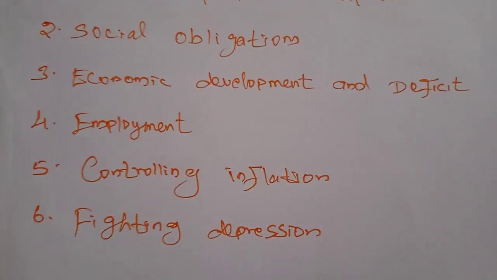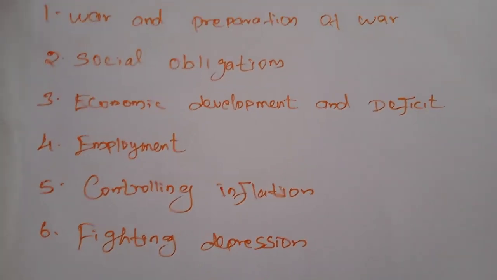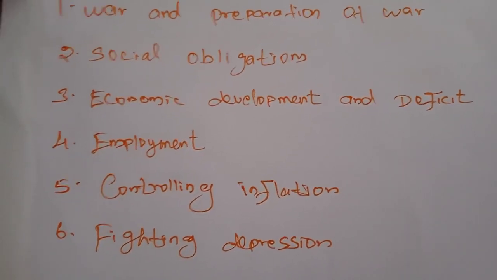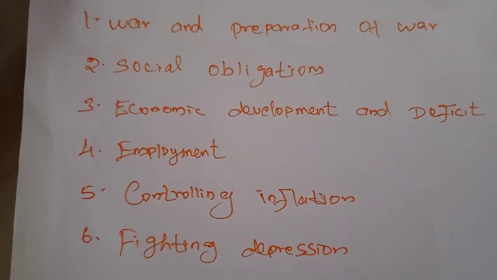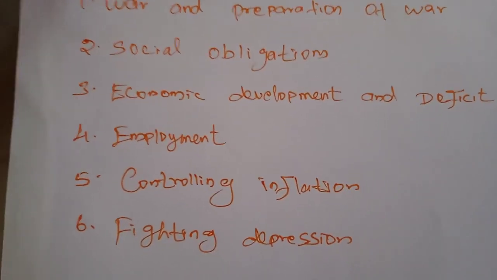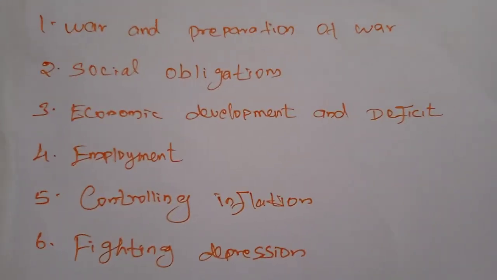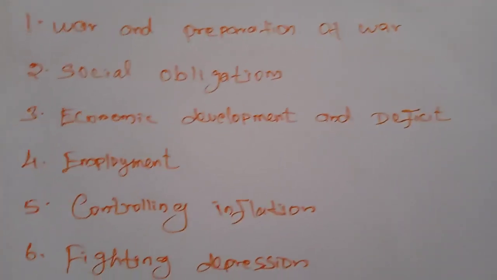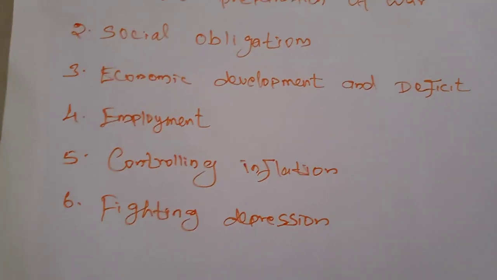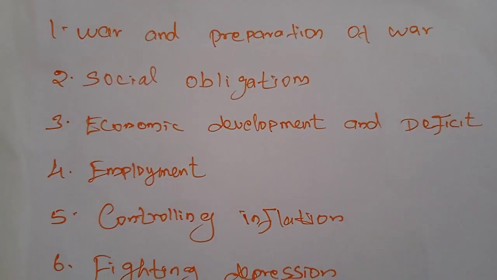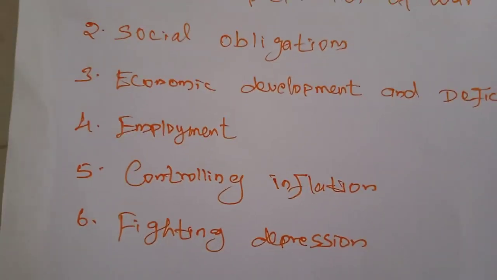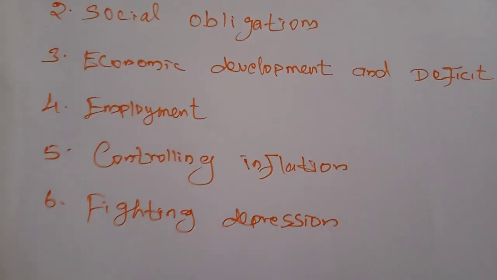Whenever the population increases, the employment problem also increases. But the government has to take the responsibility to solve the unemployment problem. So whenever they try to eradicate the unemployment problem, there is a chance of making public debt.